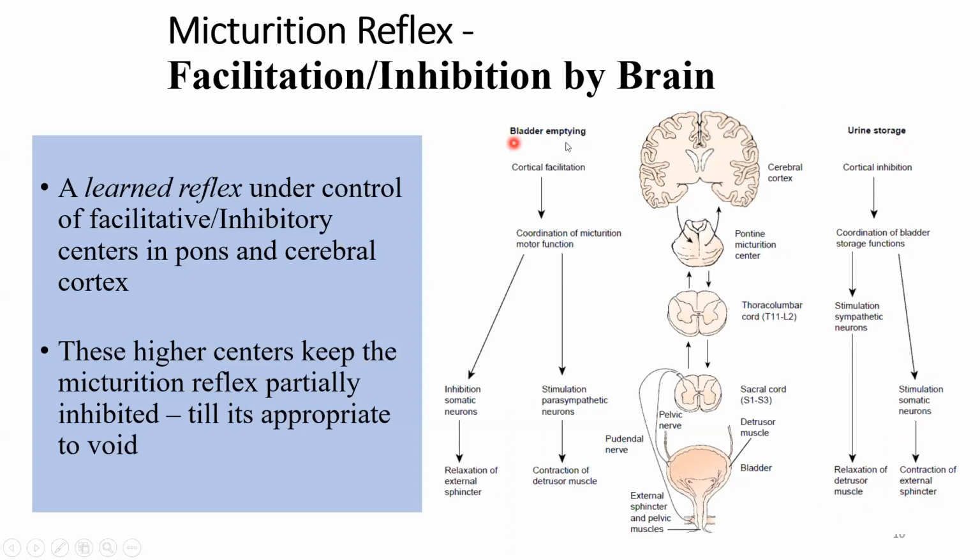Now switching to the bladder emptying mode. So cortical inhibition turns to facilitation, and it's all you. This is you. This is your consciousness. This is where you control everything. Okay, so now from inhibition, you switch to facilitation along with the pontine areas, which then inhibit the somatic neurons, which relaxes the external sphincter, and stimulate the parasympathetic neurons.